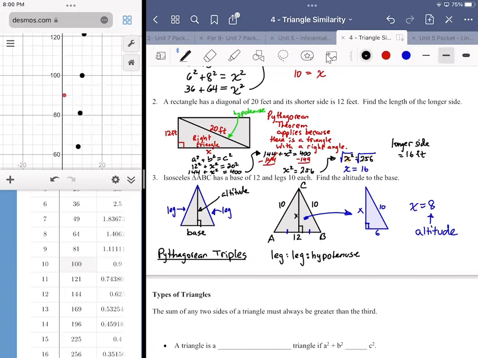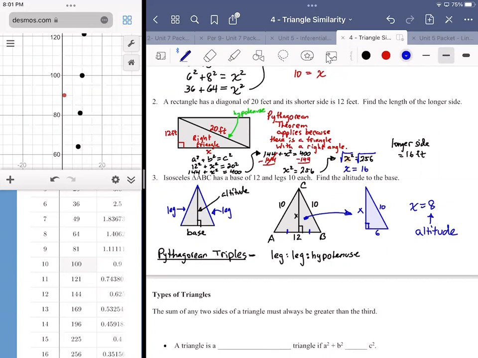I don't want to overuse a dash, so, I mean, colons. So leg, leg, hypotenuse. Now, we just discovered that 6, 8, and 10 will work in the Pythagorean theorem. Meaning if I have 6 and 8 as legs, I'll get 10 as a hypotenuse. If I have a leg of 6 and a hypotenuse of 10, the other leg must be 8. So that's one relationship, 6, 8, 10, right?